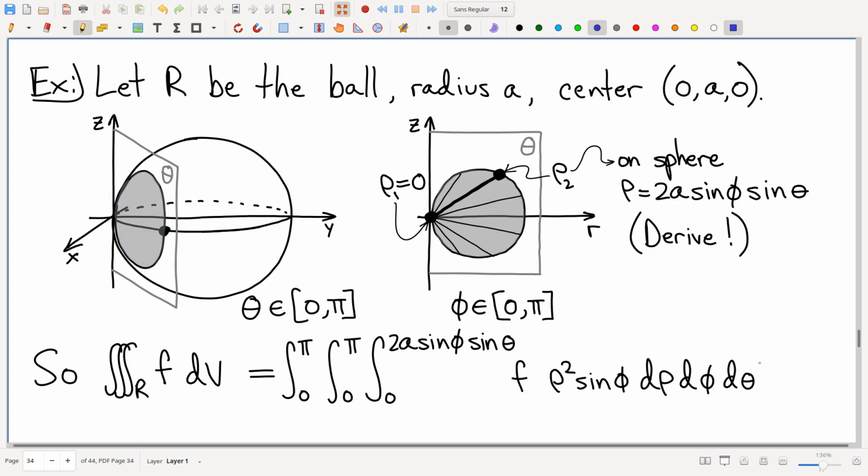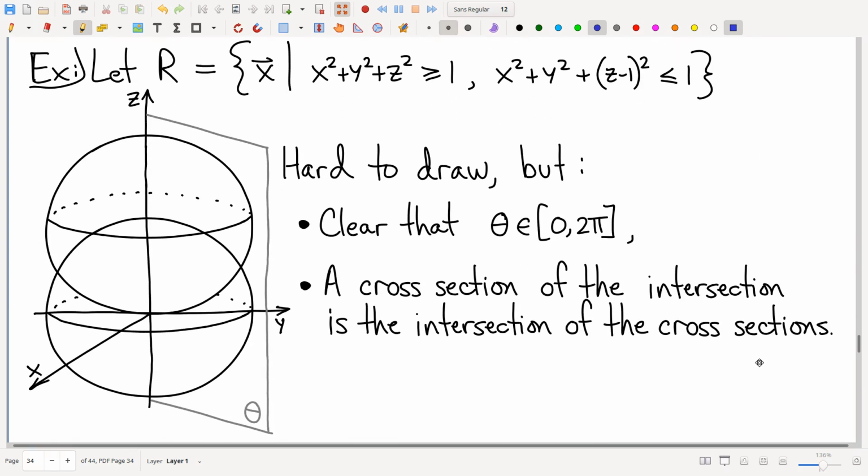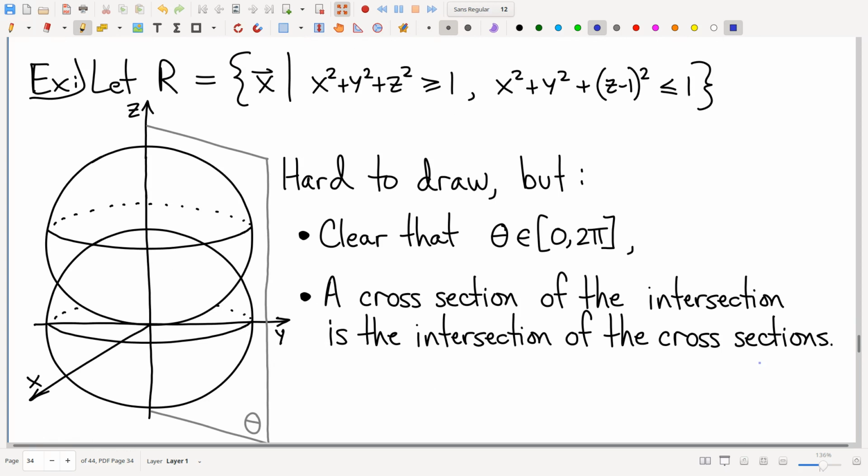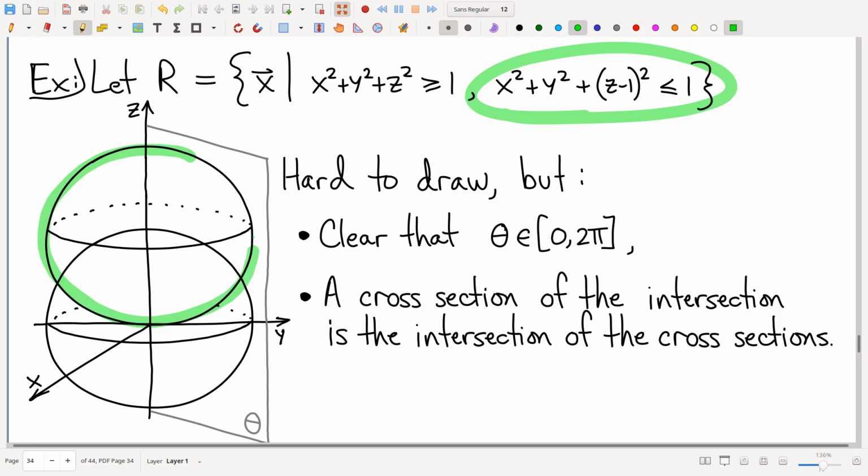The next example I want to talk about will be the last one. This solid here is a weird looking solid. You'll notice first off, we've got this ball here. And then notice what we have here.